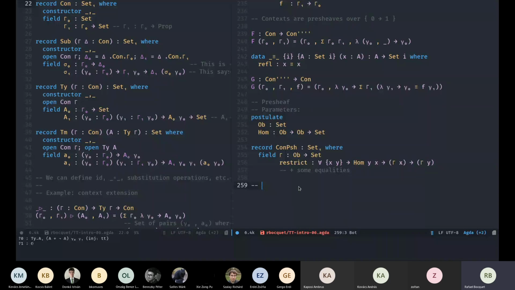And in general, any construction performed in a pre-sheaf model will be compatible with the chosen base category. So pre-sheaf models are a way to ensure that all constructions automatically respect some things.